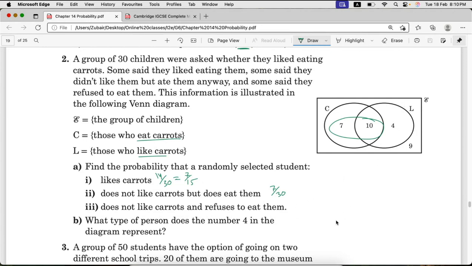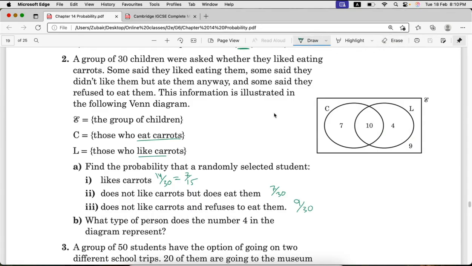I think it is 10 from does not like carrot. They don't like it and they're not eating it. Should be this, 9 over 30.